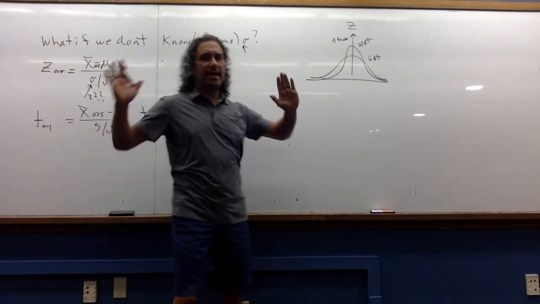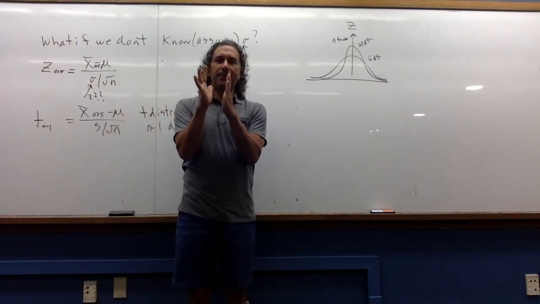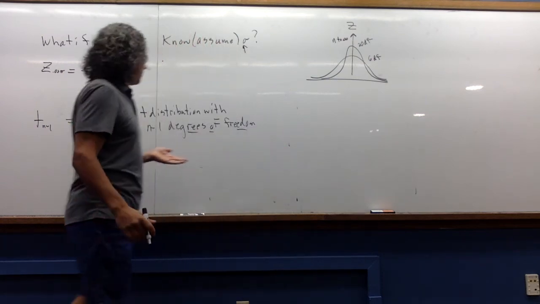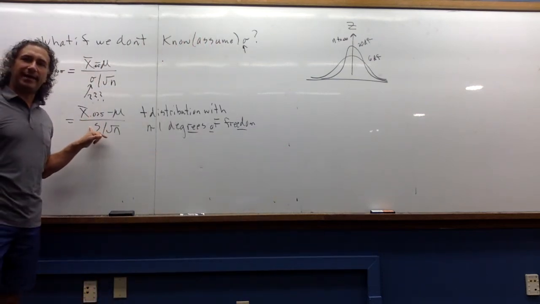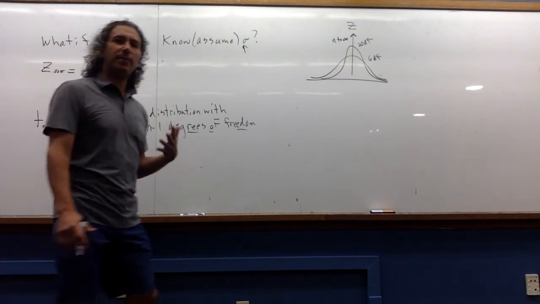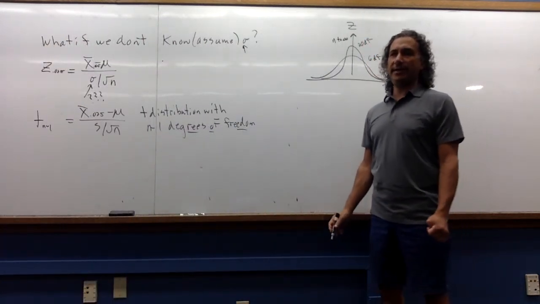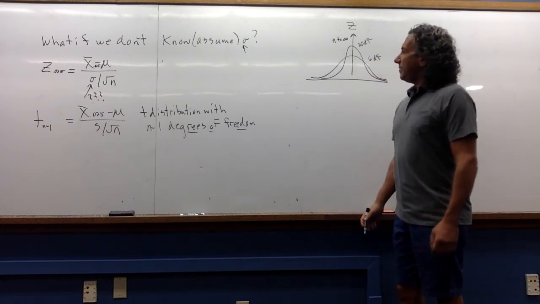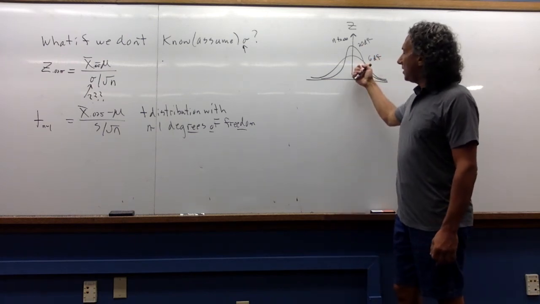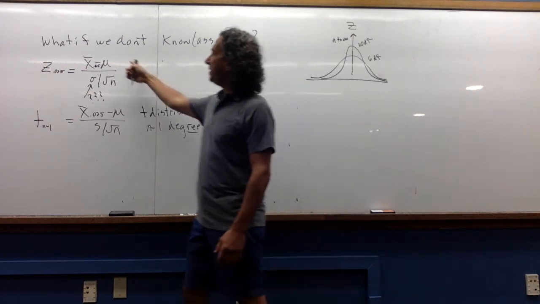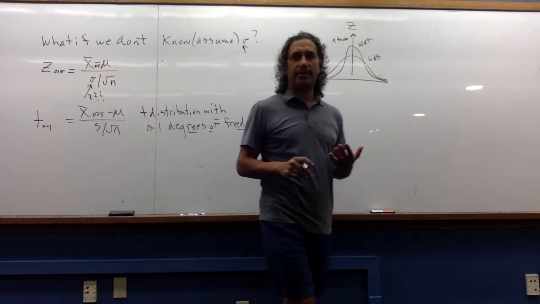So why are these guys squishing in this way? Well, as n gets larger and larger, there's less variability, right? If you have more information from your population, then your sample will have less variability. Let me also say that this picture looks just like this picture in terms of its shape.